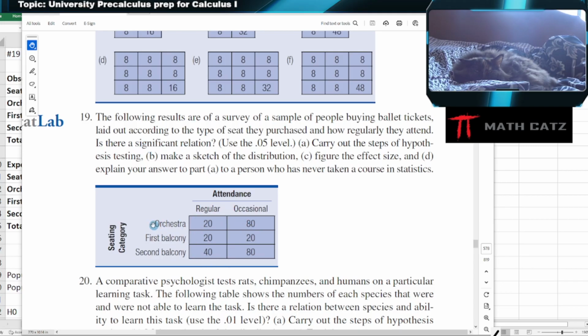Is the seating choice dependent on the type of attendance, or does it not matter? Use the 0.05, so 5% alpha significance level. Hypothesis testing will visualize the distribution, and we'll stop there for that example, just our introduction.